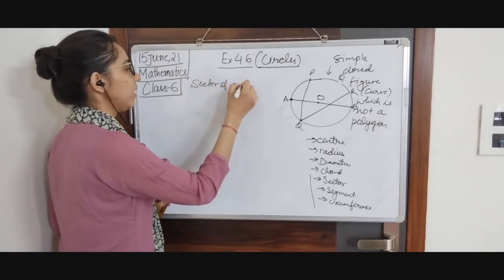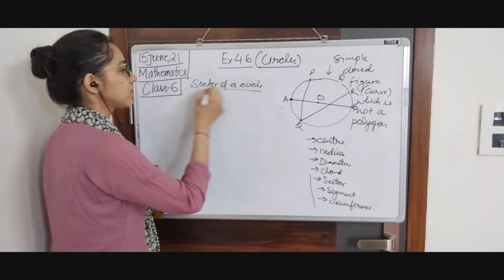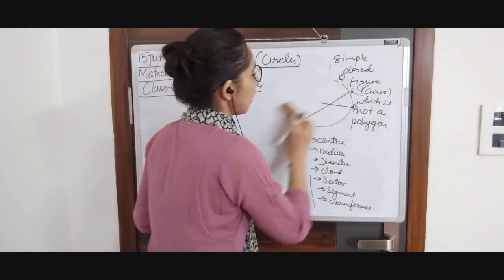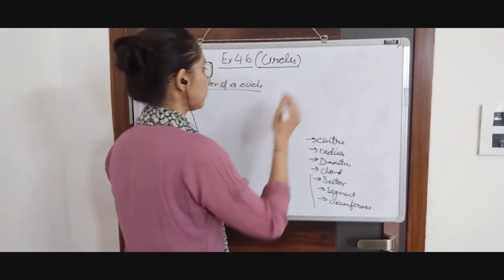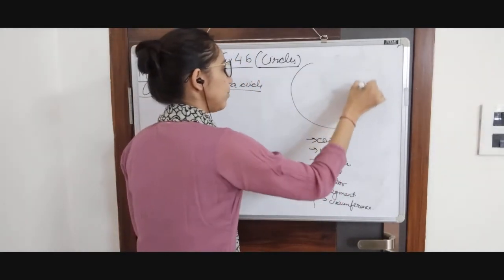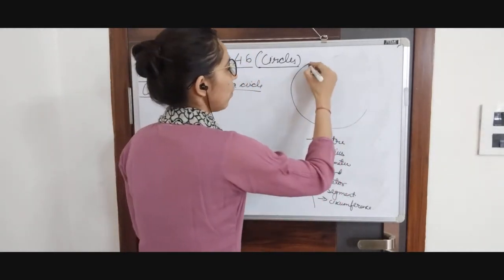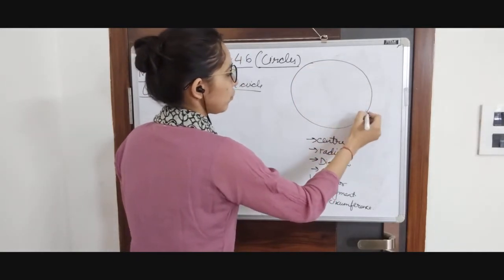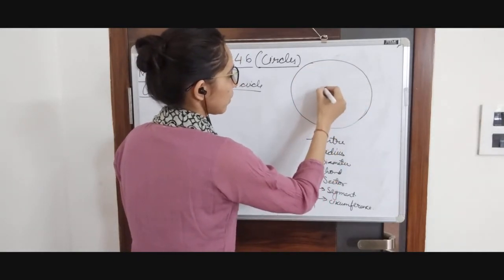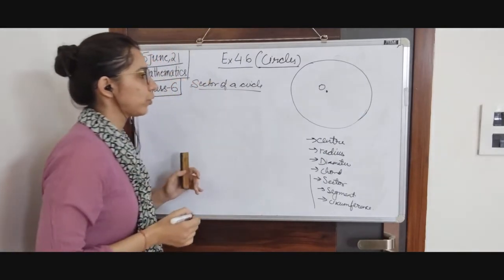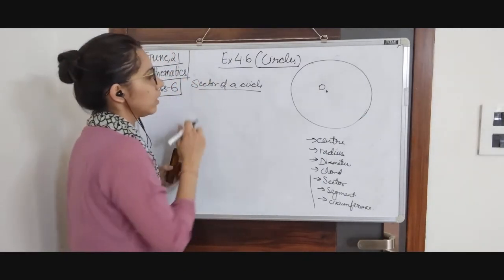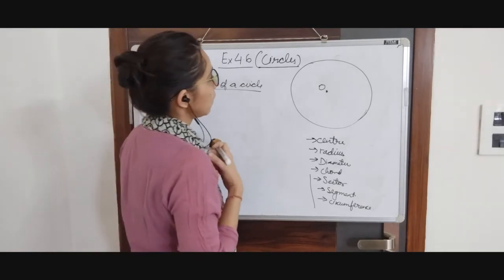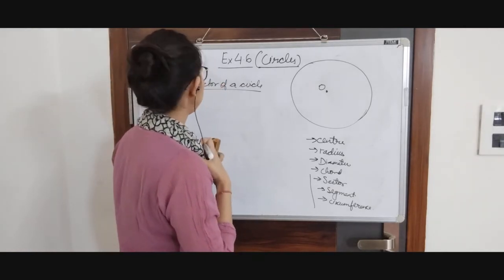What do we mean by a sector of a circle? Suppose we have a circle with a center O. We usually represent the center of a circle using point O. We can use another point also, but we normally use O as center, smaller o, not capital.